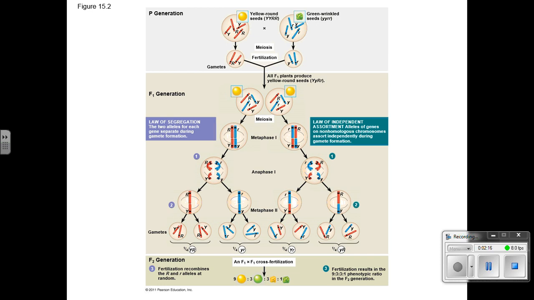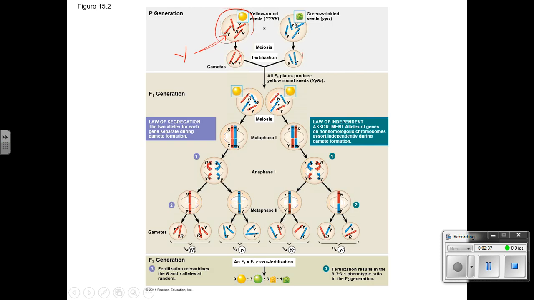So this goes through and talks about how that happens with meiosis. How do we go from all these genes? Now we've added in the alleles that are going to code for different traits on the chromosomes and showing how we produce gametes, and those gametes come together through fertilization.